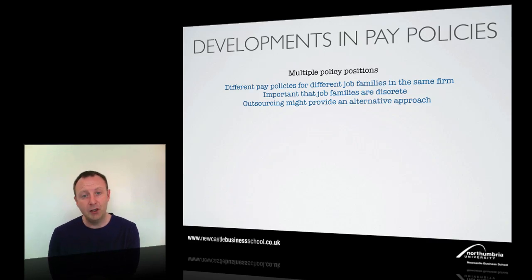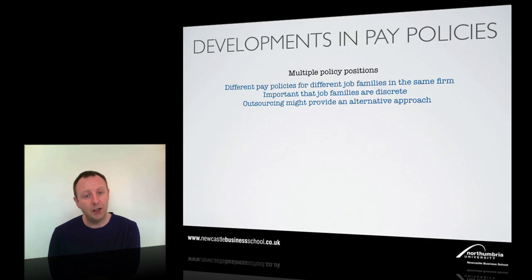Another way of achieving the same kind of outcome would be through some system of outsourcing. So, you may feel that what you're doing is responding to a kind of inflexible pay policy position, and having multiple policy positions certainly does that.